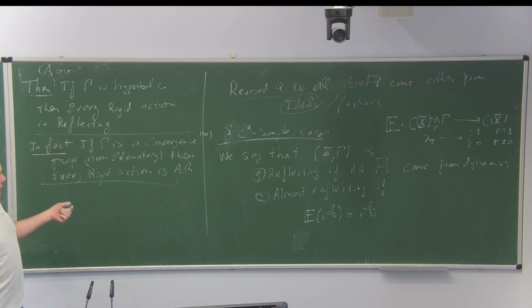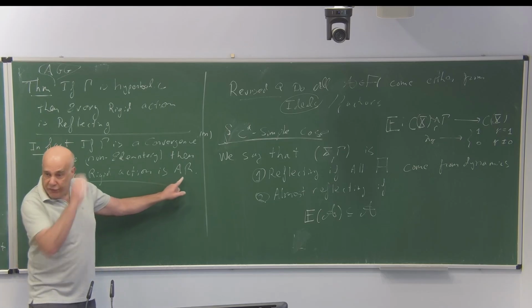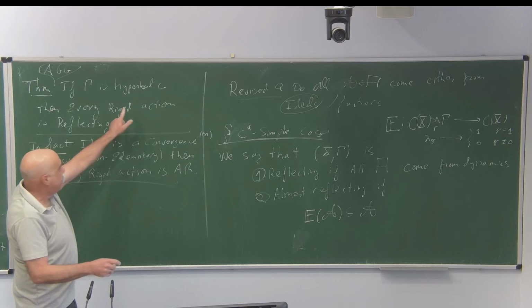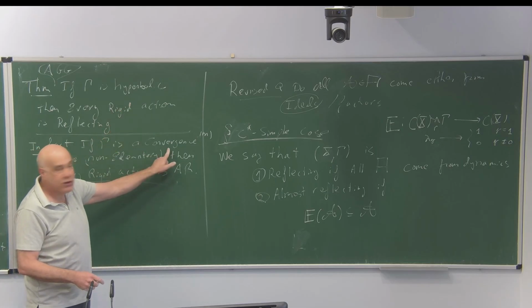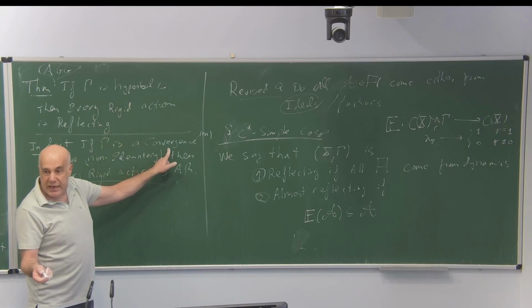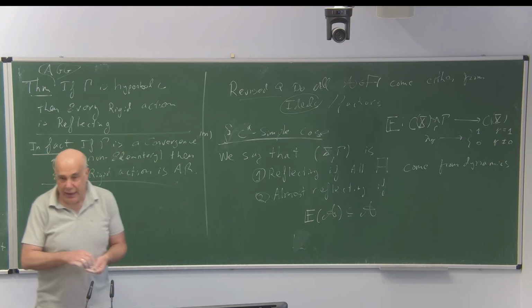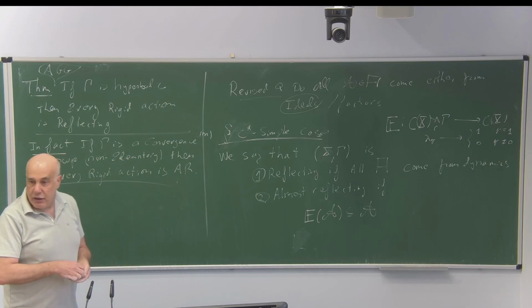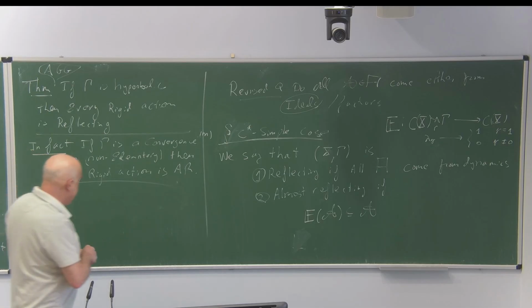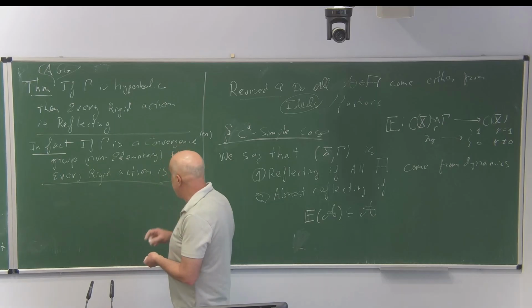In the ergodic situation, in the von Neumann situation, you don't really have to assume hyperbolic. Every convergence group will be almost reflecting, just because of the equivalence there. So the theorem actually works in both situations.